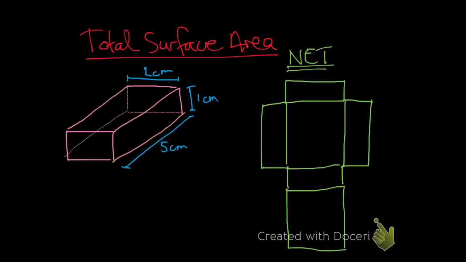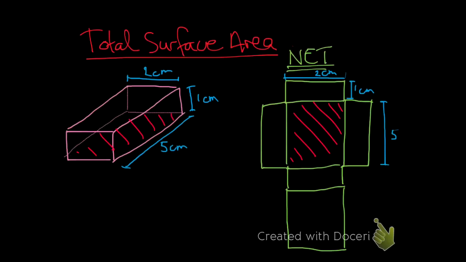Okay, so if we're looking at the bottom part, our bottom part is here, so in this shape it will be here. Now that we've got our bearings, we can start putting the rest of our lengths in. So that would make this one here 2 centimeters, this here would be 1 centimeter, and this would be our side, which would be 5 centimeters.